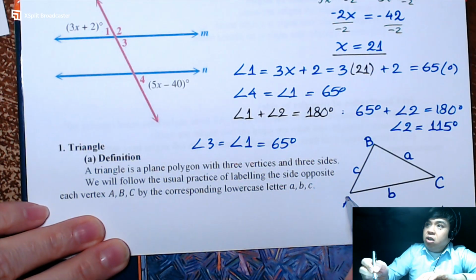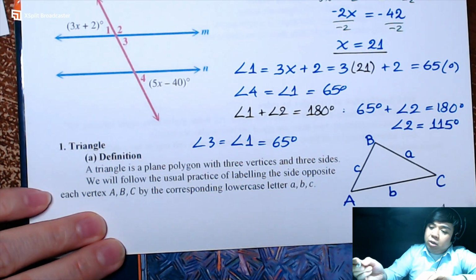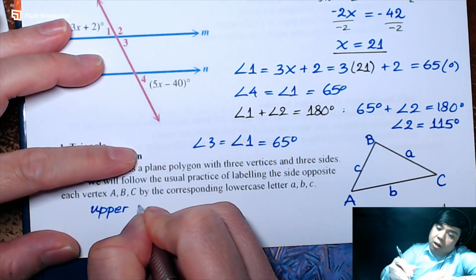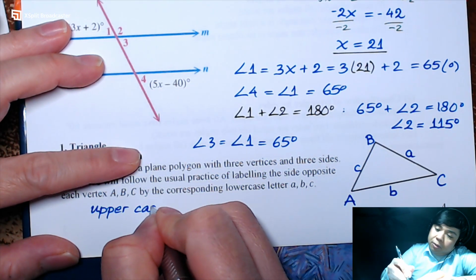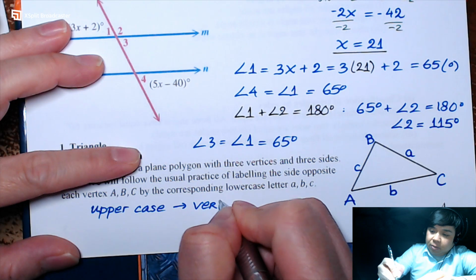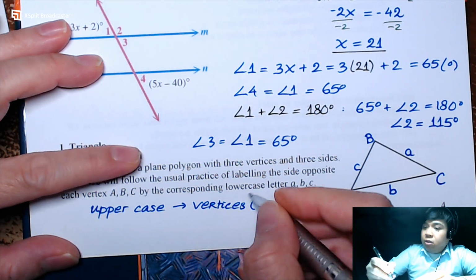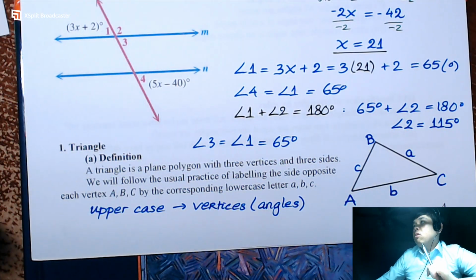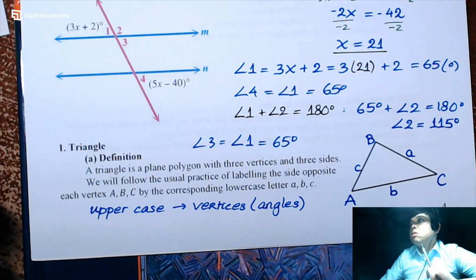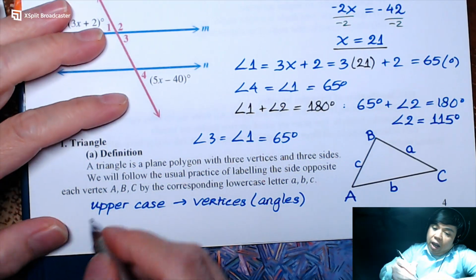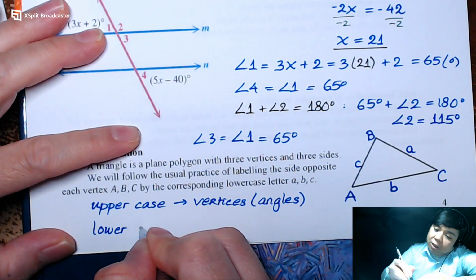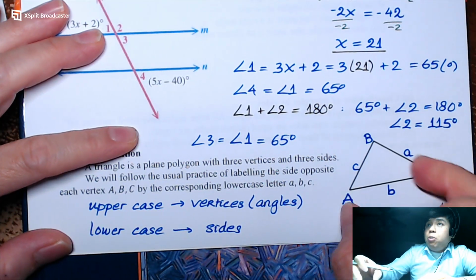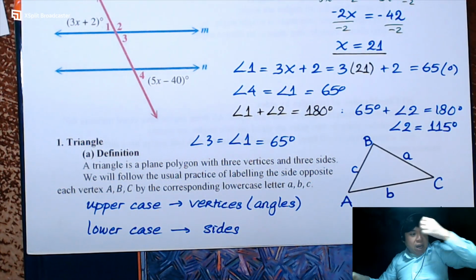And they're opposite from each other. Big A, big B, big C, little c. So uppercase for vertices or for angles, and a lowercase letter for sides, and the sides are opposite to the respective angles.